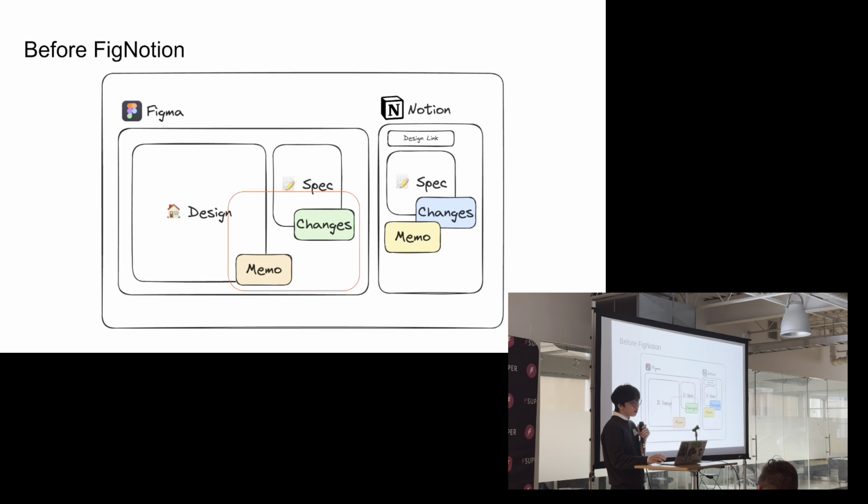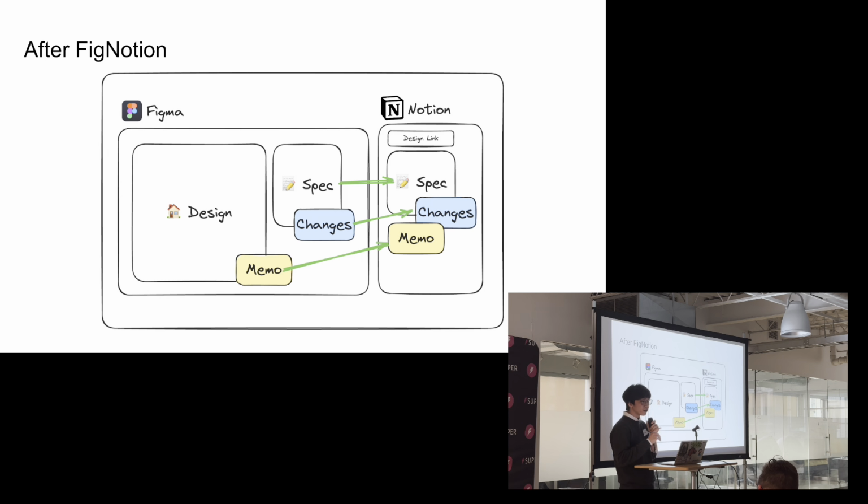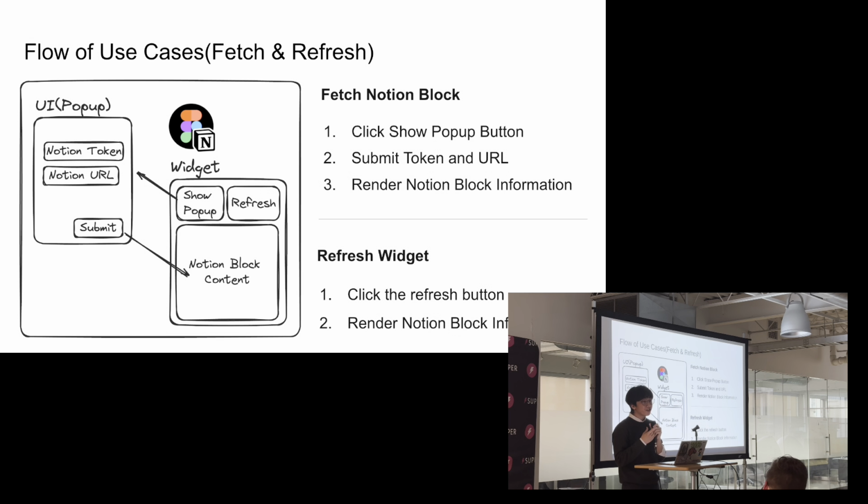Like the image above, I wanted all separate pieces of information in the Figma design file to look towards a single source of truth, which is in Notion. I thought of two main use cases for this flow. I'll explain simply. When you click the Show Pop-up button on the widget, a pop-up appears where you can enter the Notion token and the URL of the Notion block.